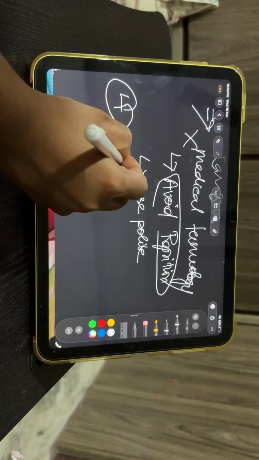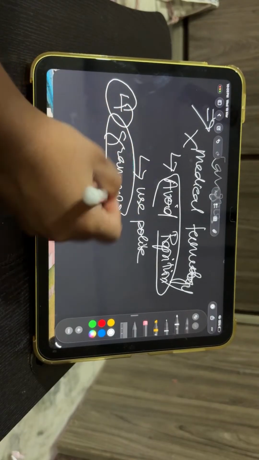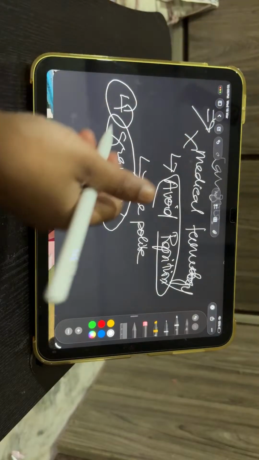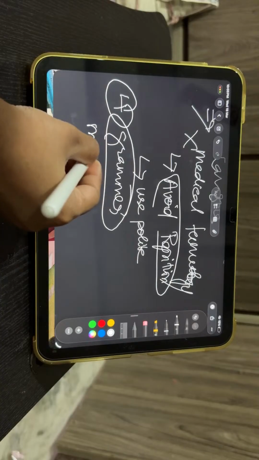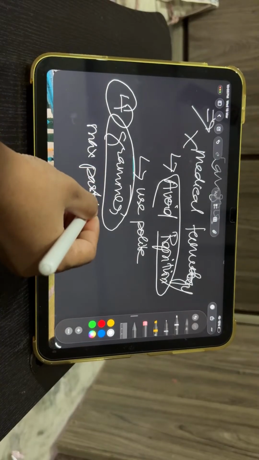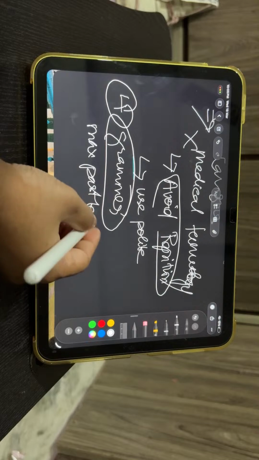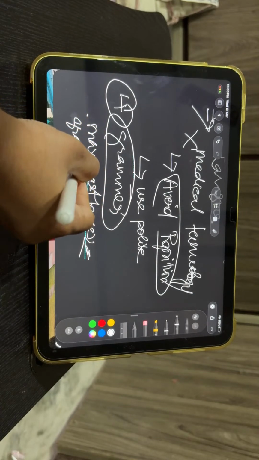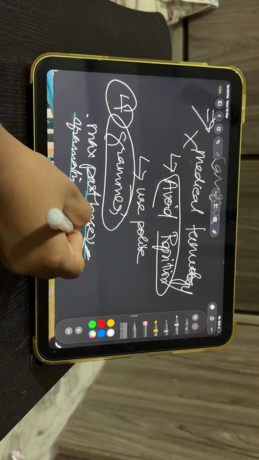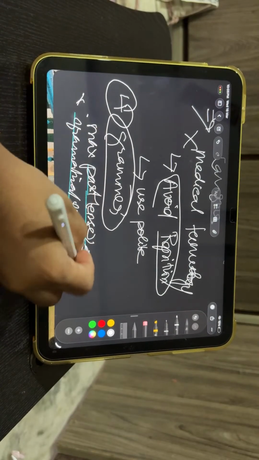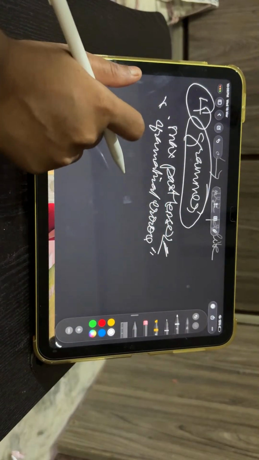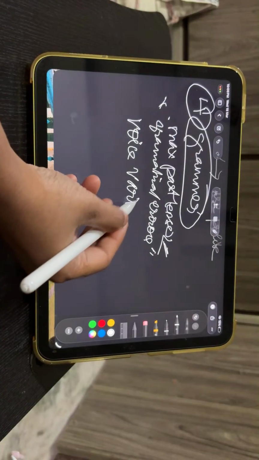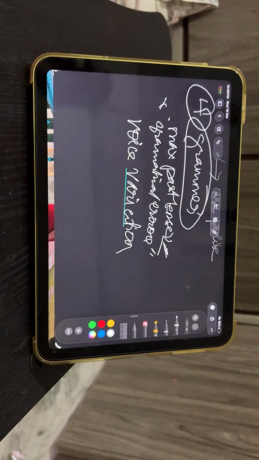The fourth one is grammar. Grammar is one of the components they will be focusing on in OET speaking. Mainly, we will be using past tense in this communication. Grammatical errors should be avoided. Then, voice: you have to use voice variation, both active and passive voices.